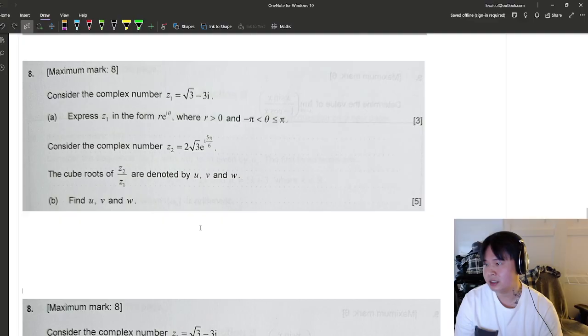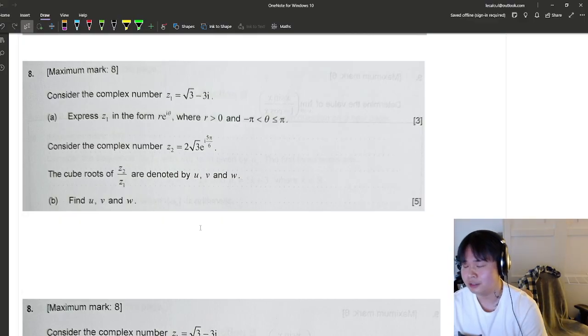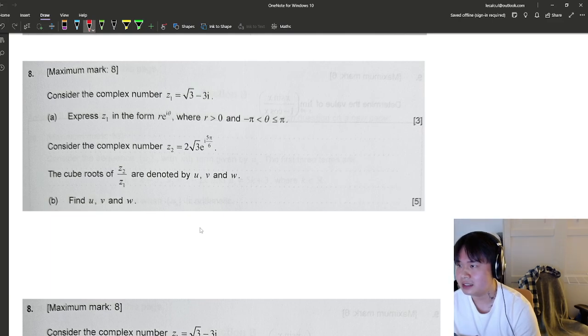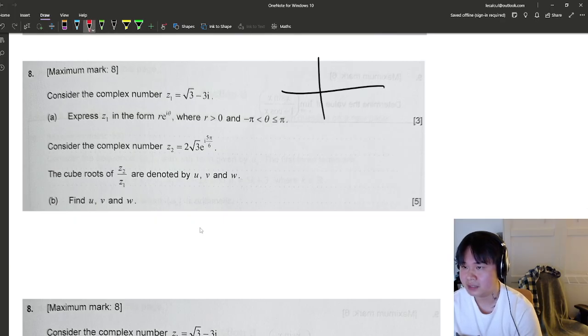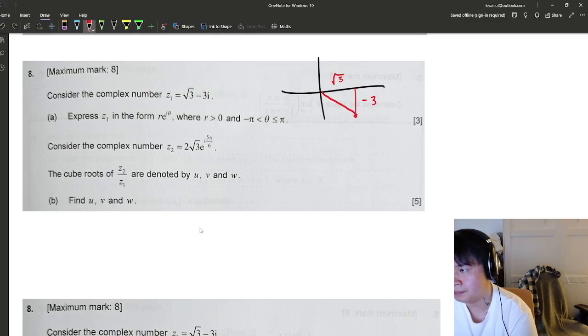Okay, complex number. Consider this complex number, express it in whatever form that is, Euler form. Okay, so I like to draw. Our complex number is here, where this is root 3, and then this is negative 3, and then we want to find the argument and the modulus.